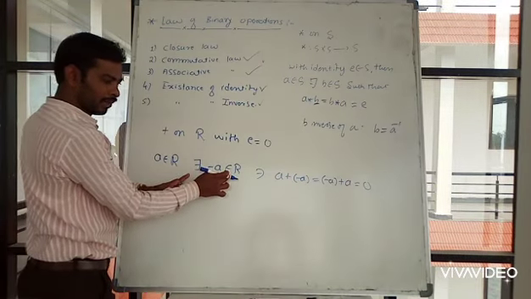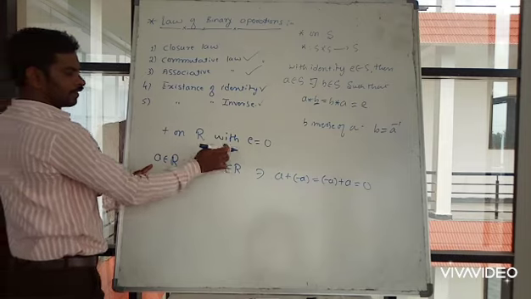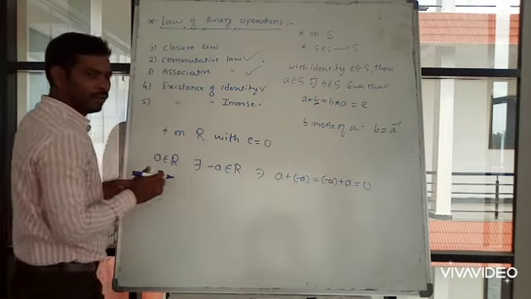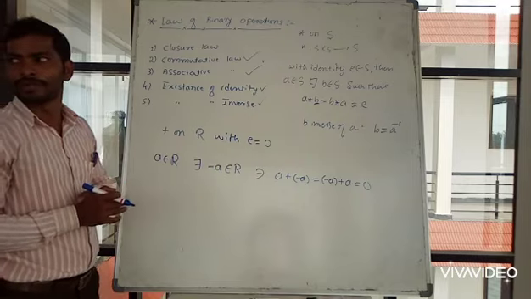In the set of real numbers, under this binary operation, A plus minus A, and minus A plus A, is equal to the identity element only.